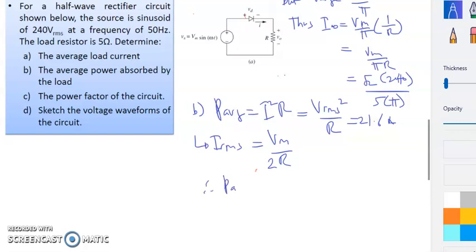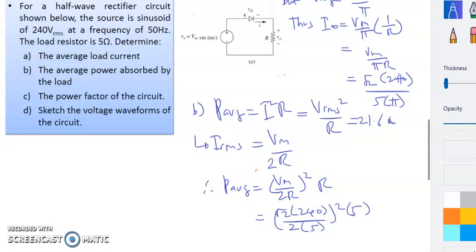Then when you include this into your initial formula, P average equal to I square R, so I becomes Vm over 2R squared times R. Because given here in RMS, you have to convert into peak, you have to times root 2. So root 2 times 240 divided by 2 times R of 5 ohm, and again square, and times the 5 ohms of the R. So you get 5780 watts for power absorbed by the load.